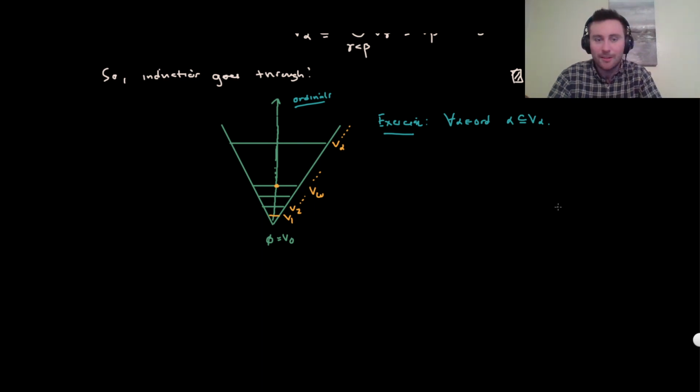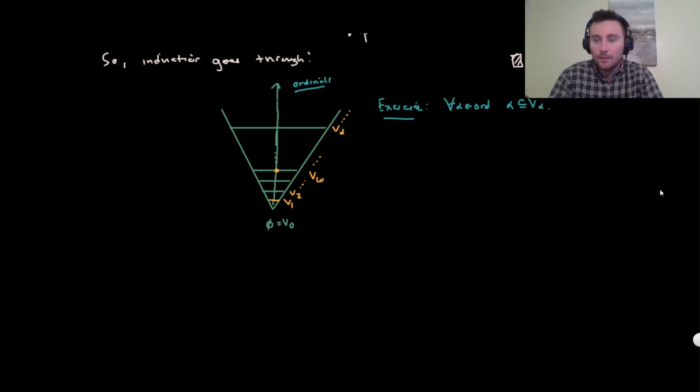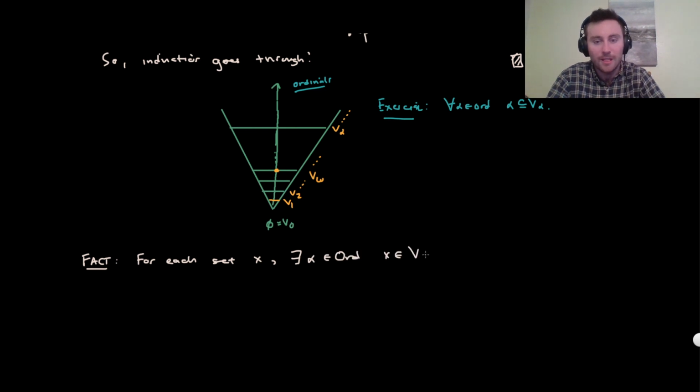Maybe some other interesting fact is that you need the axiom of regularity for this, but you can prove that every single set appears somewhere in this cumulative hierarchy. So, fact: for each set x, there is some ordinal alpha such that x is an element of V alpha.